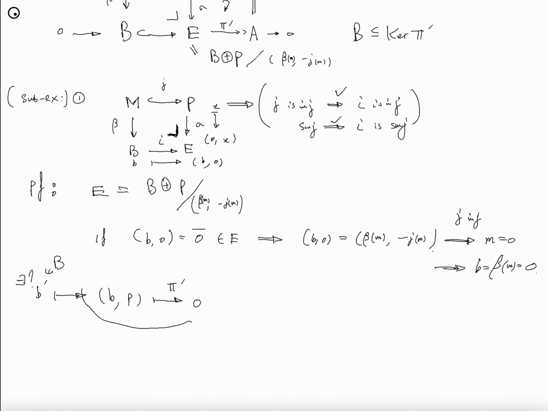We have to translate this condition more precisely, because we know that the image of B is just (B prime, 0), so we have to show that if (B,P) is mapped to 0 under pi prime, then P must be 0 and B is in B.